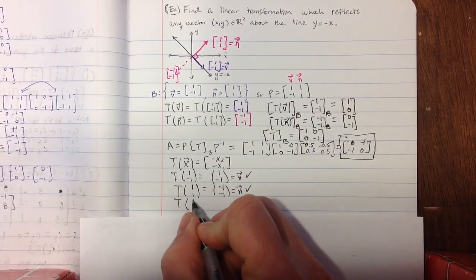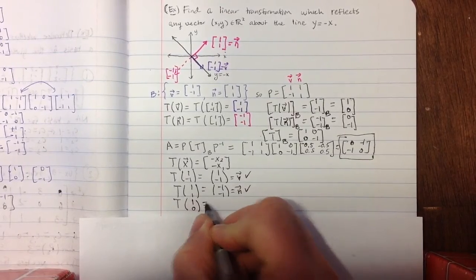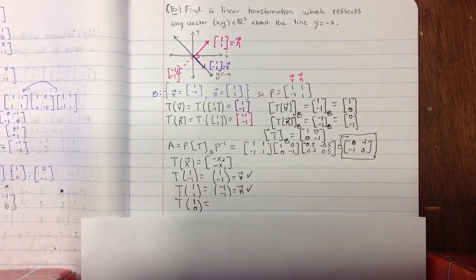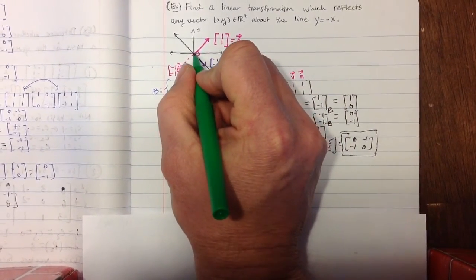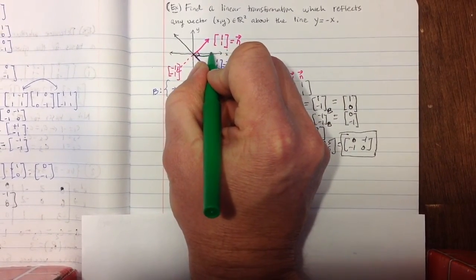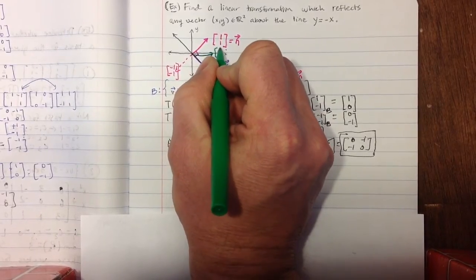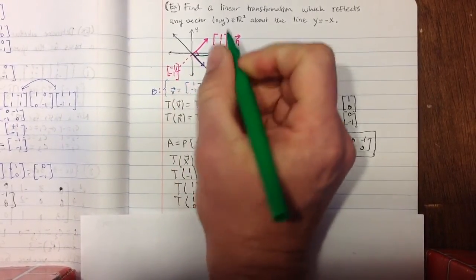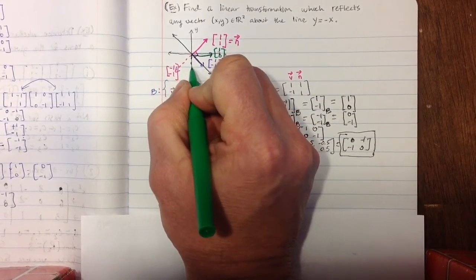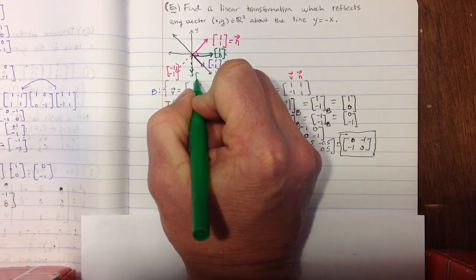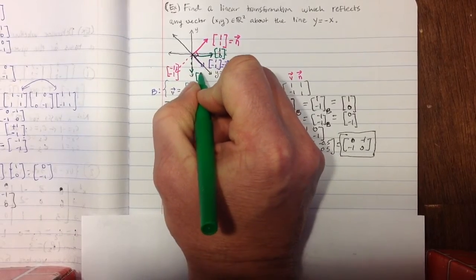That's good. Let's go ahead and just try one more vector to see if our transformation works. I'm going to take the vector on the x-axis, so 1, 0. So let's sort of conjecture where that one should go. If I'm looking at this vector here, that should be on the x-axis, 1, 0, where should it go if I reflected about this line? Well, I think you should say that it should go down here to 0, negative 1.